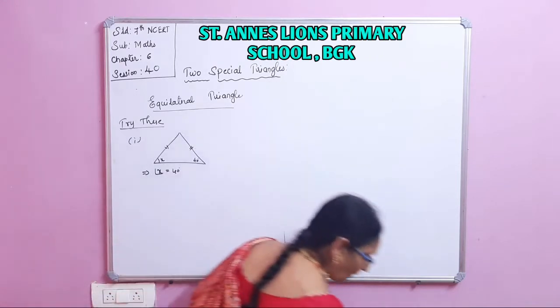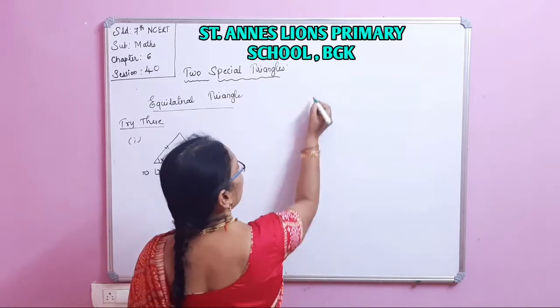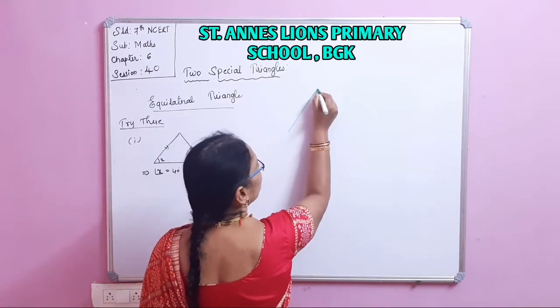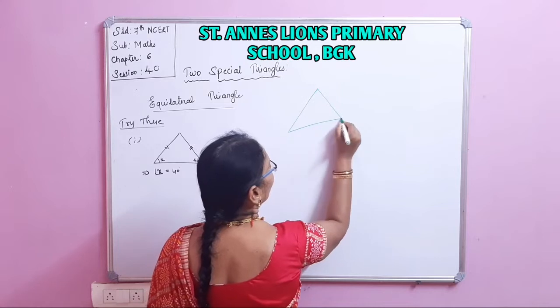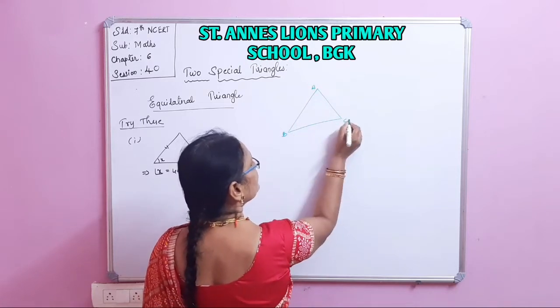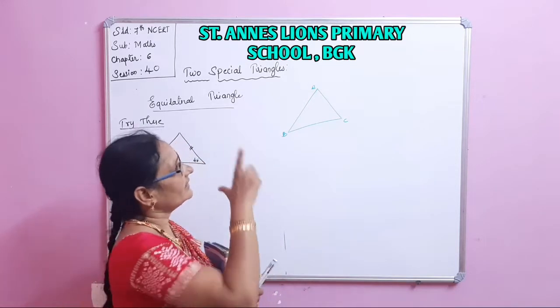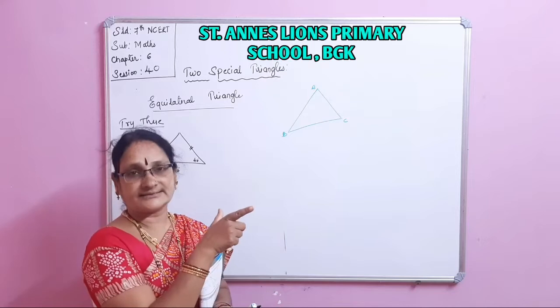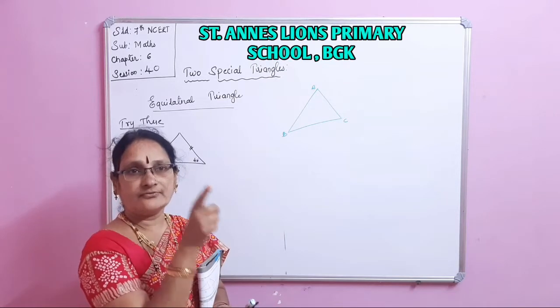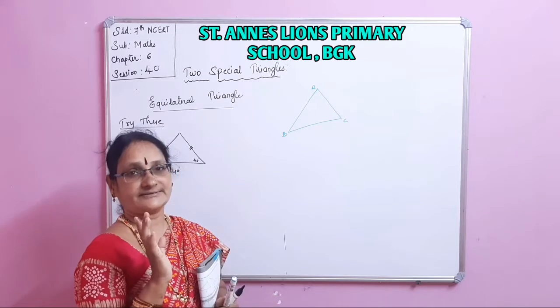See, that property is, suppose a triangle is having three sides, you know it. A, B, C. Here, the sum of the lengths of two sides must be greater than the third side.